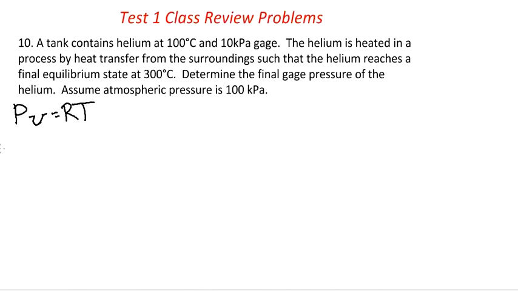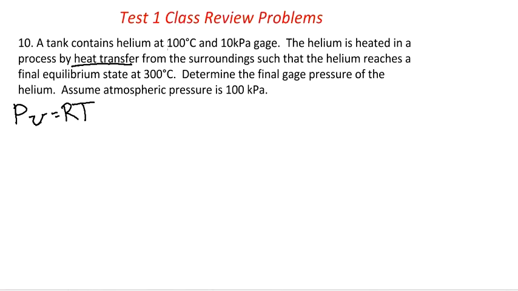Okay? It says there is a heat transfer, which is work that's done by changes in temperature. We went over this in like the first video or something like that.